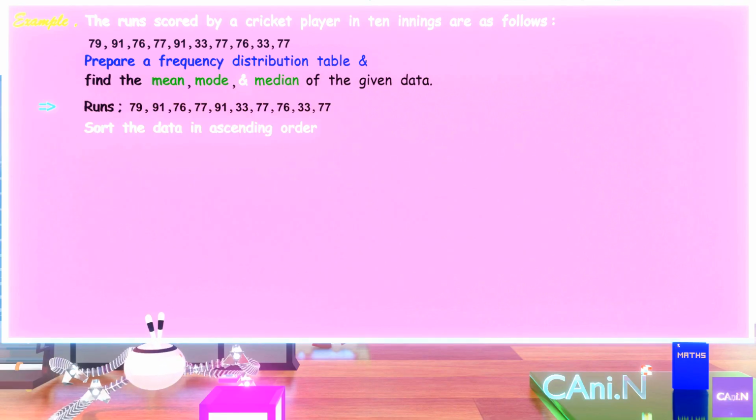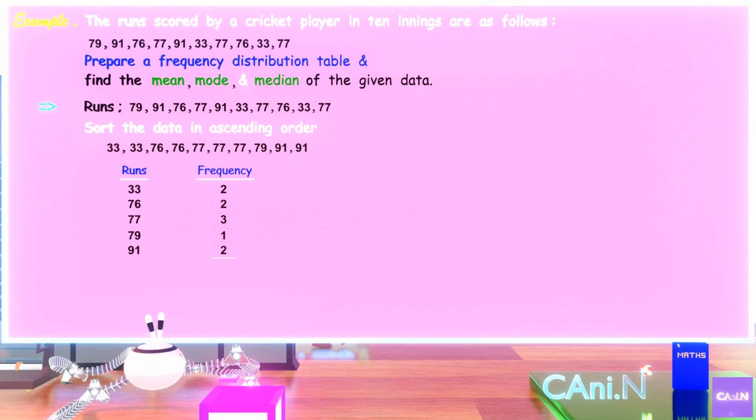Sort the data in ascending order. 33, 33, 76, 76, 77, 77, 77, 79, 91, 91. Here we have two columns, runs and frequency. 33, the frequency it occurs is 2 times. 76, it also occurs 2 times. And so on. Here the total number of observations is 10.